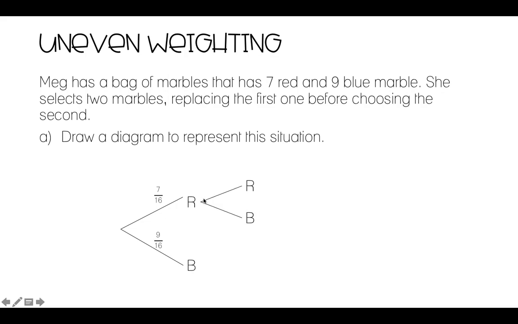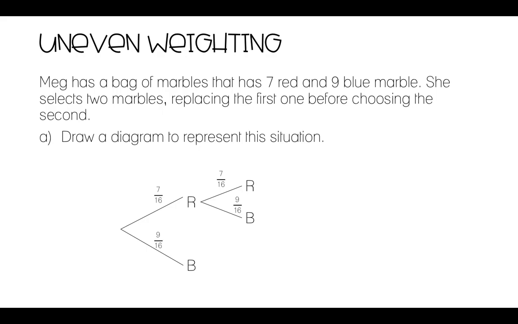Now we're going to select again, either a red or a blue. So again, the probability is 7/16 for selecting a red, and the probability of a blue is 9/16. These don't change because we kept replacing, or putting back, that first marble.